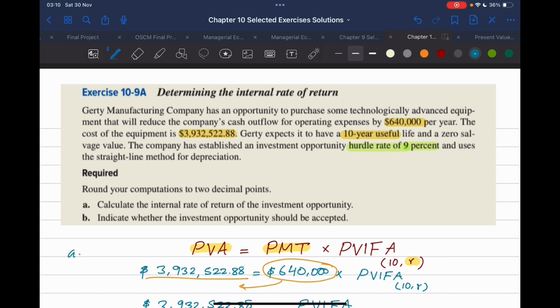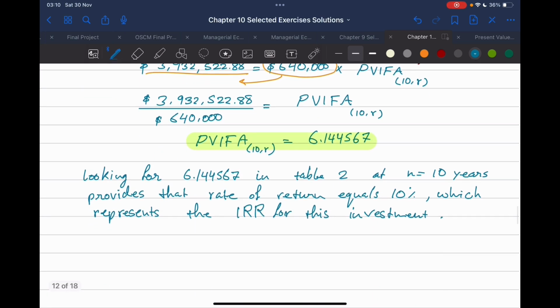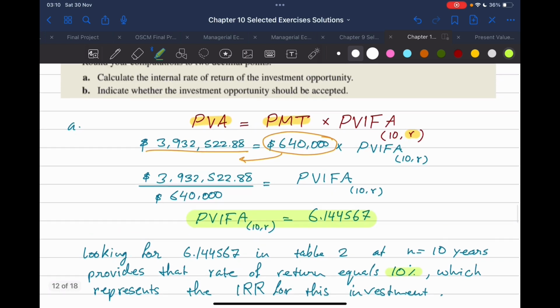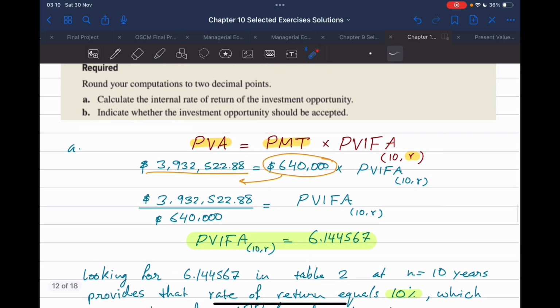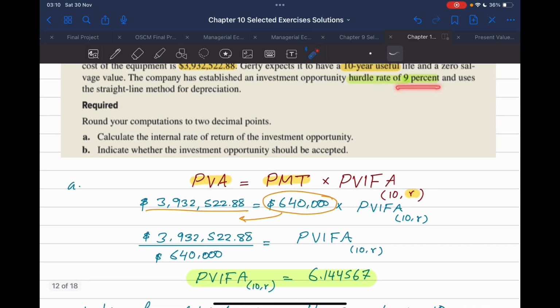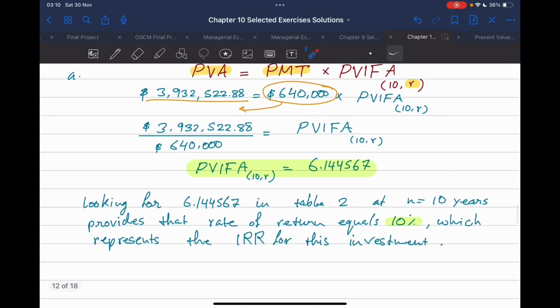Usually this is the weighted average cost of capital, as we have discussed in the lecture. So knowing this, we need to compare the internal rate of return that we have determined with this hurdle rate. If the internal rate of return is greater than the hurdle rate, then the company should accept the investment opportunity. If it's lower than the hurdle rate, then they should reject.